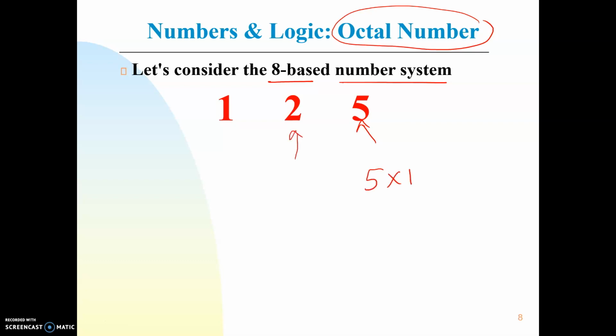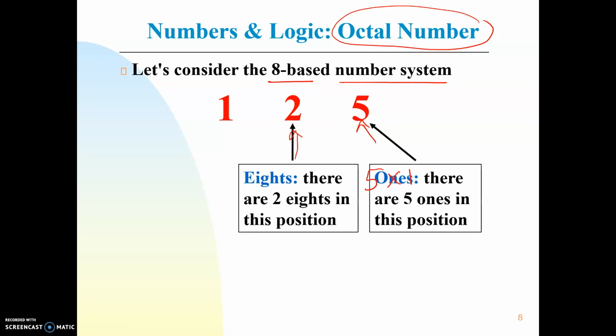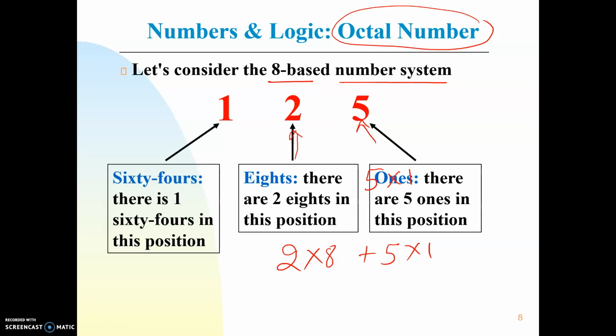The second number is at position number 8, so we will say 2 multiplied by 8 plus 5 multiplied by 1. So this is at position number 1, this is at position number 8, and this one will be at position number 64. So we'll say 1 multiplied by 64 plus, and we'll get 125, and this will be an 8-based number. So this is the octal number system, and here the base will be 8.